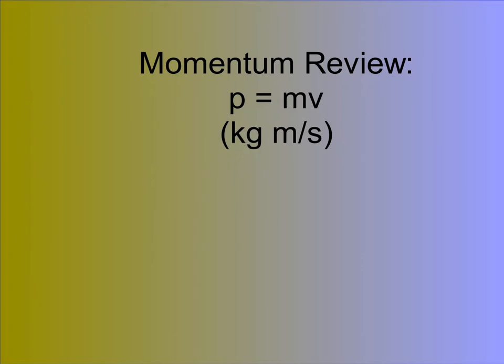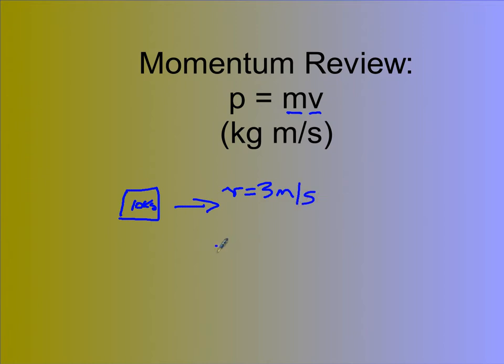Let's review momentum. Remember, the momentum of an object is defined to be the mass of that object times its velocity. So say I have a block of mass 10 kilograms, and it's moving to the right with a speed of 3 meters per second.